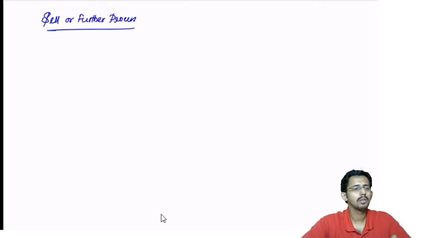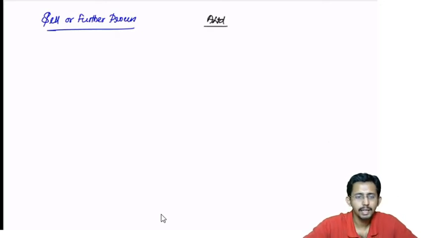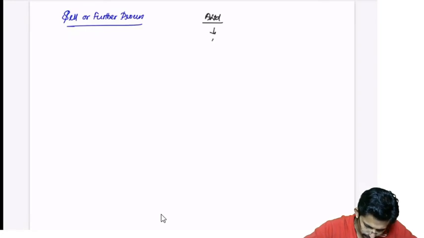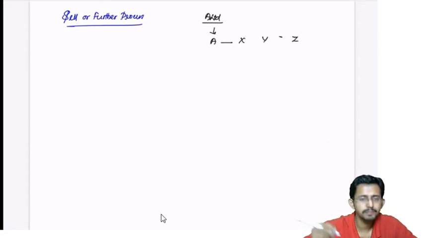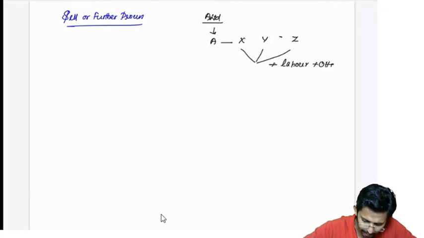Now what are these decision making situations? Suppose there is a company A Limited. A Limited is manufacturing a product A using materials X, Y and Z, plus necessary labor plus overheads.